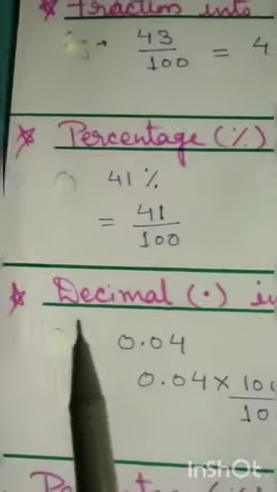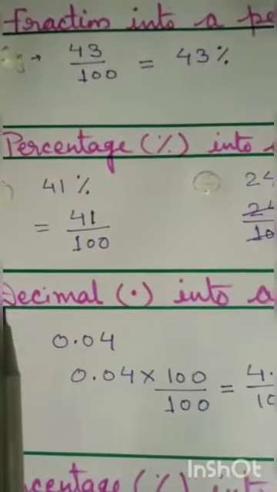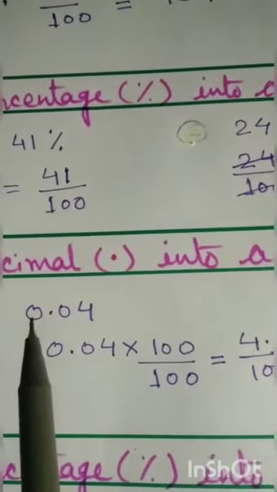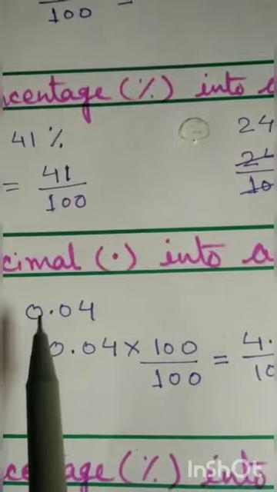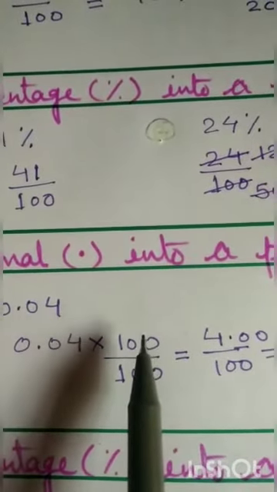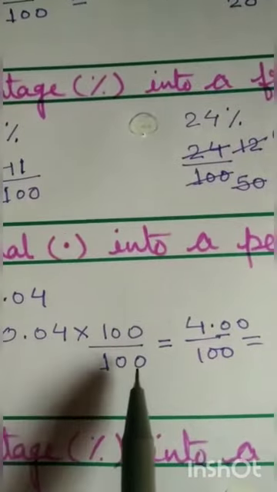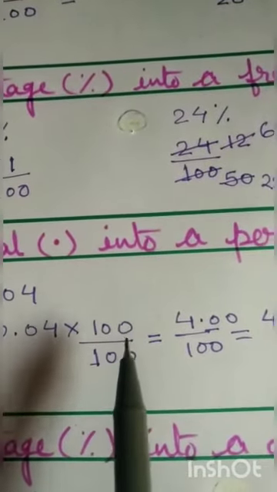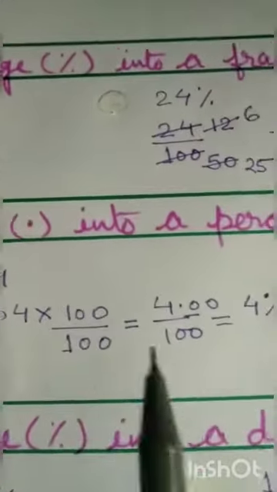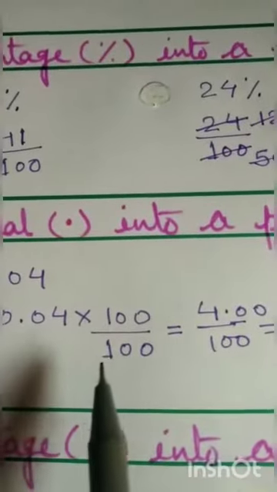Next conversion. How to convert decimal into a percentage? Take a decimal number 0.04. We multiply it by 100 and divide it by 100. 100 divided by 100 is 1. So we can write the 1 as 100 by 100. Why 100?